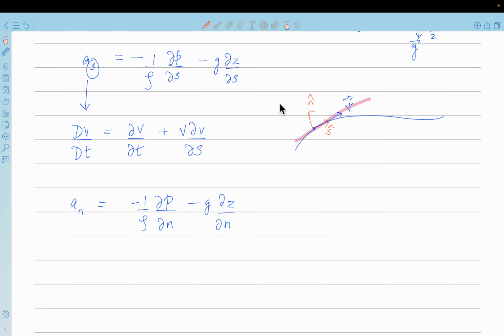Is the acceleration 0 or non-zero? Acceleration in the n cap direction, will it be 0 or non-zero? Non-zero. Why?